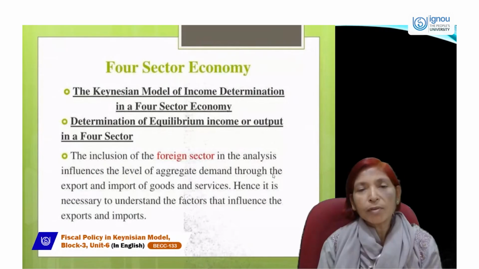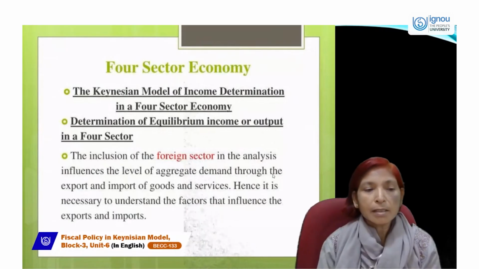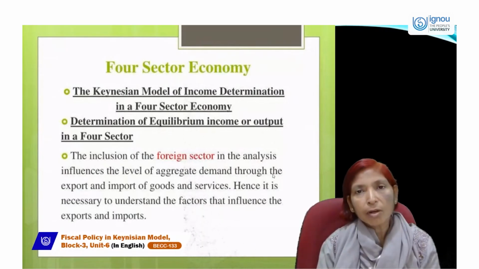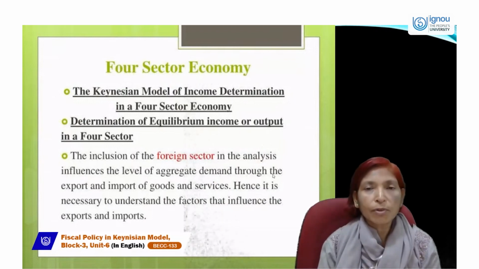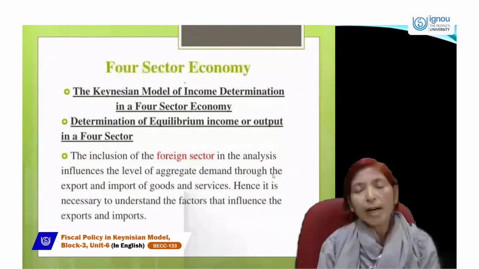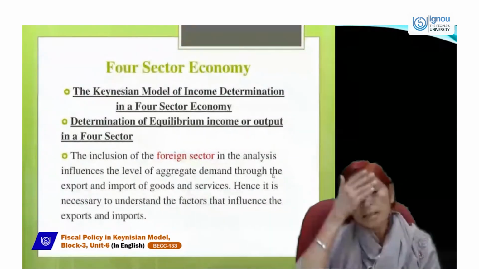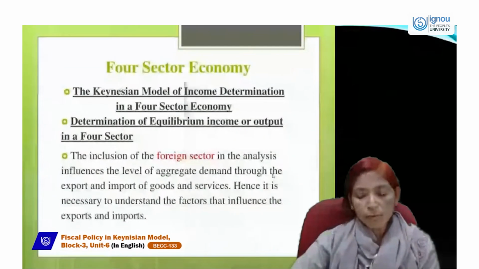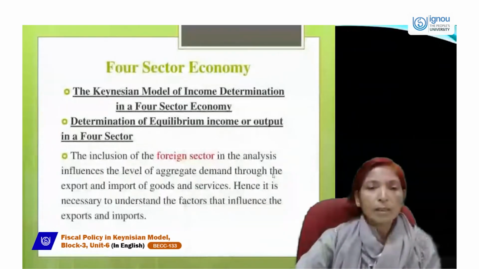The inclusion of the foreign sector influences the level of aggregate demand through the exports and imports of goods and services. Hence, it is necessary to understand the factors that influence exports and imports. So, this is called a four sector economy, in which the foreign sector is included.